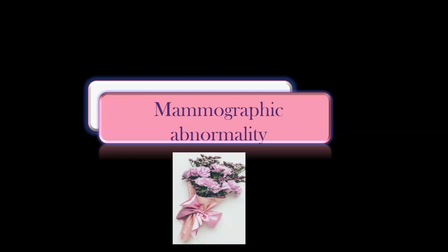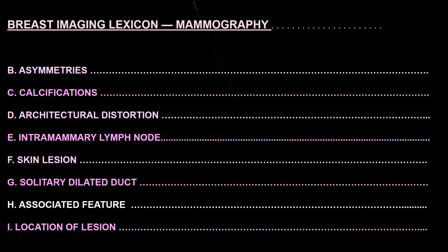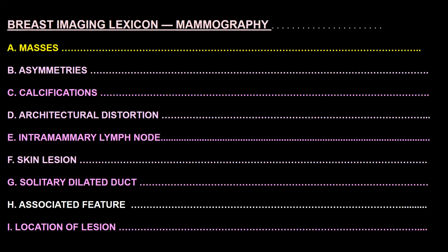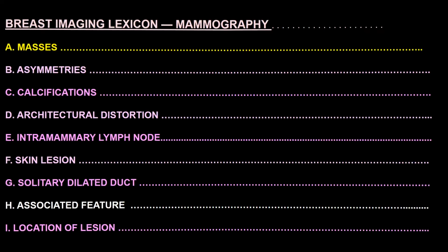So today we are going to start with the mammographic abnormality. As we mentioned, the abnormality could be asymmetry, calcifications, architectural distortion, intramammary lymph node, skin lesion, solitary dilated duct, or associated features. But today we are going to start with the first important finding, which is the mass.